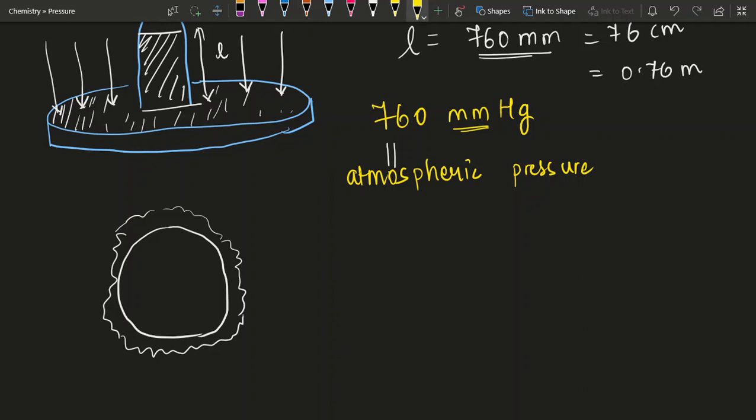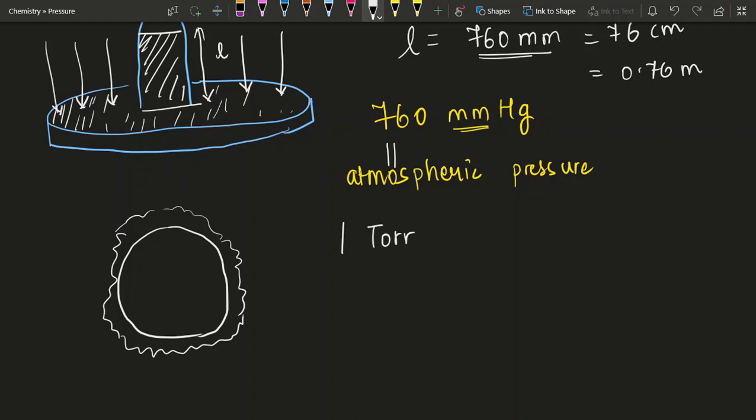Now, not only does it depend on environmental factors, it also depends on the type of mercury you are choosing. It depends on the temperature of the mercury, it depends on the density, and there seems to be one more unit that's called 1 torr.